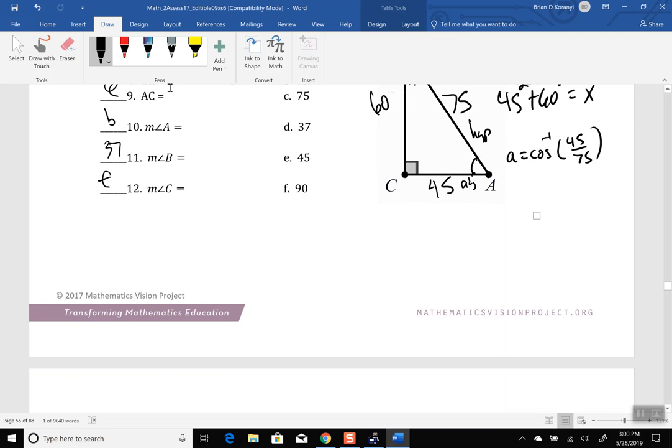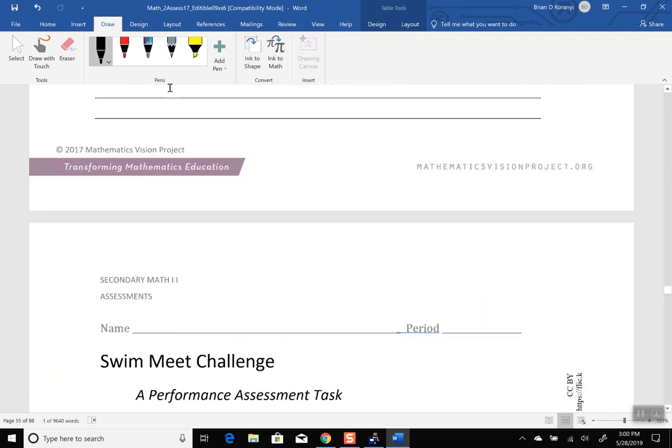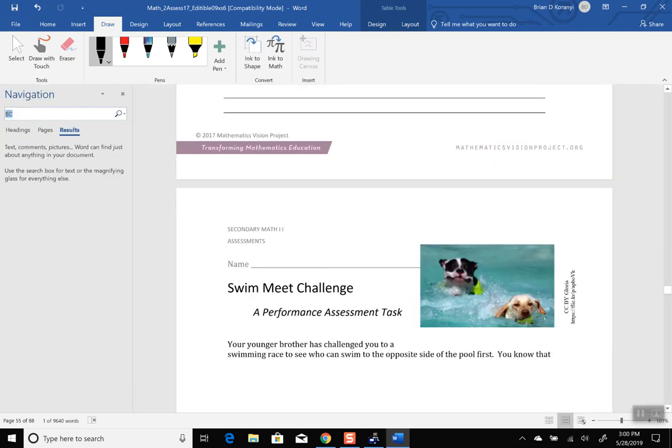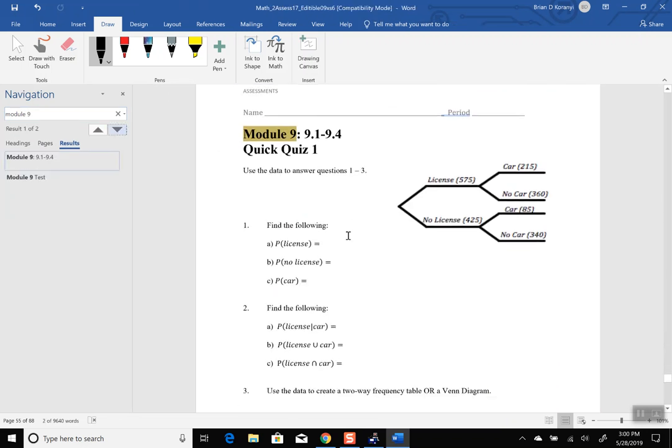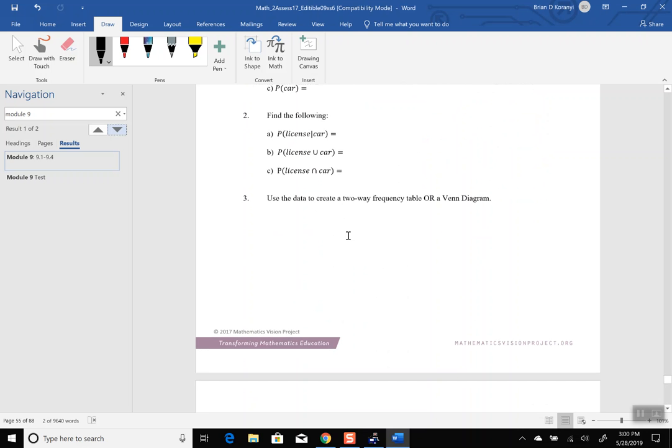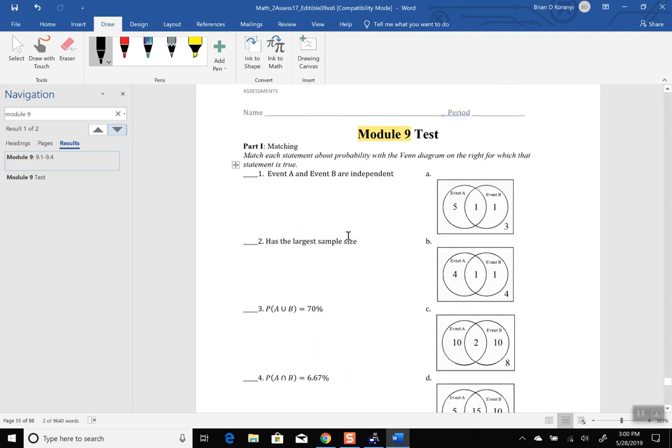And then, let's see, the very last one. Last page is, let's see if we can find it.